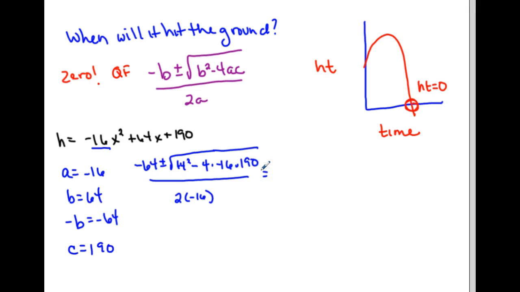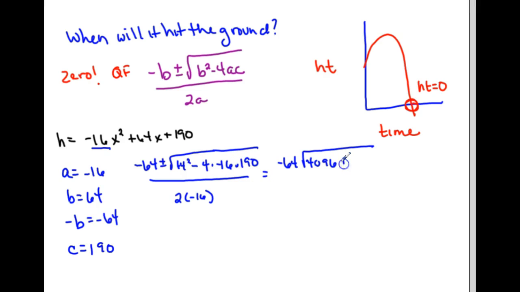All right, let's start simplifying. I end up with negative 64 over, I'm going to square 64, and when I square 64, I get 4,096. And then I plug into my calculator a negative 4 times the negative 16 times 190.